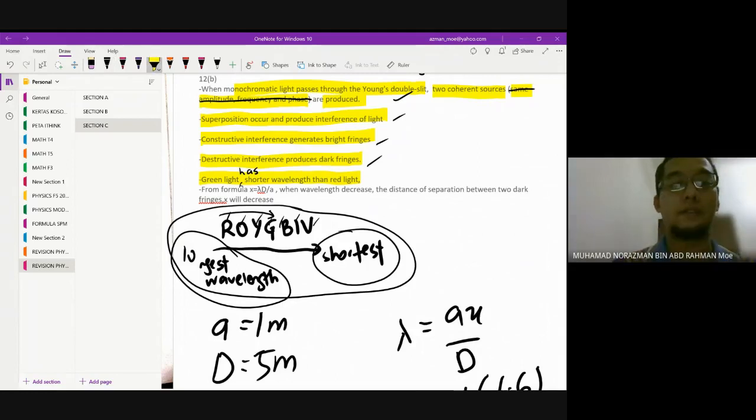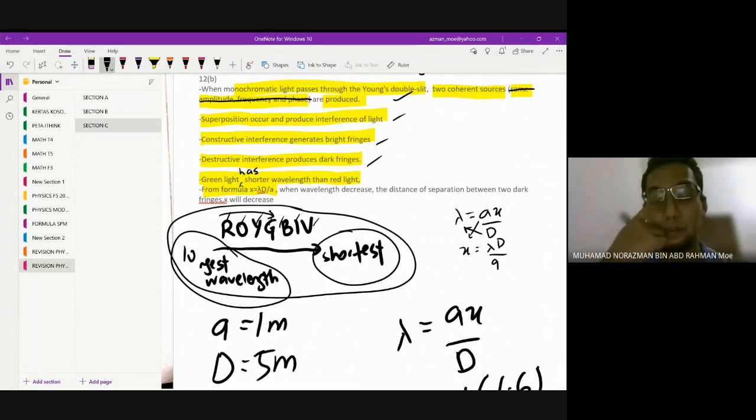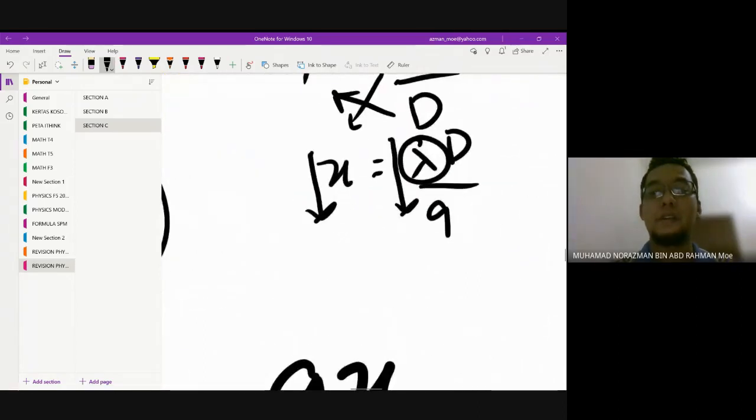Next, from the formula x is equal to lambda d over a, rearrange x equals lambda d over a. From this formula, when wavelength decreases, what happened to the x? x will also decrease.